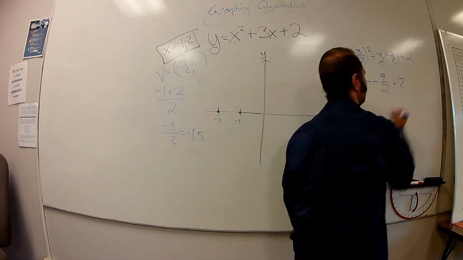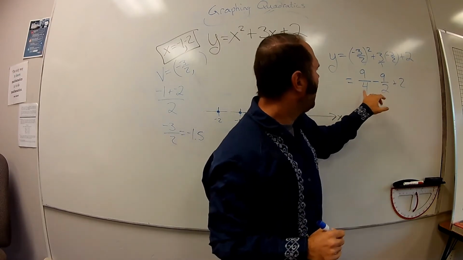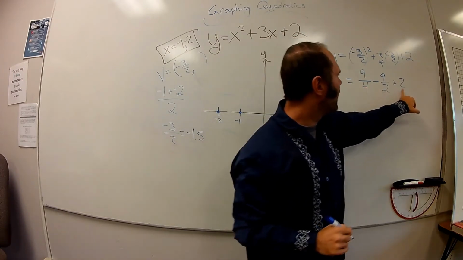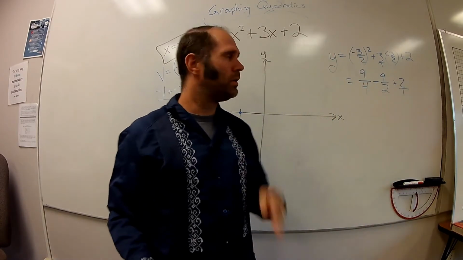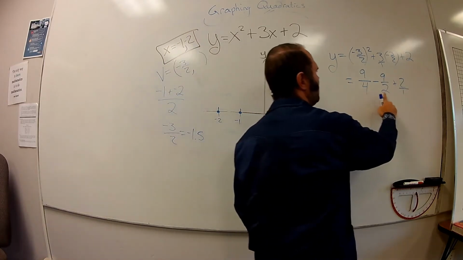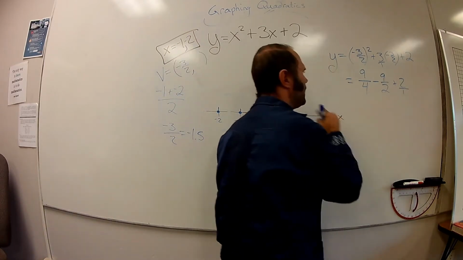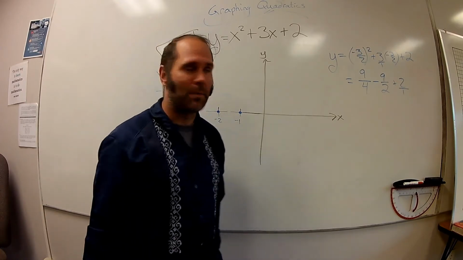Plus 2. We need a common denominator. So the common denominator between 4, 2, and 1 is 4. That's the lowest common denominator. They all can be multiplied to make 4. So we can multiply each of these numbers by something to make 4.